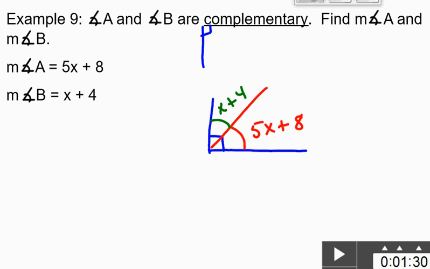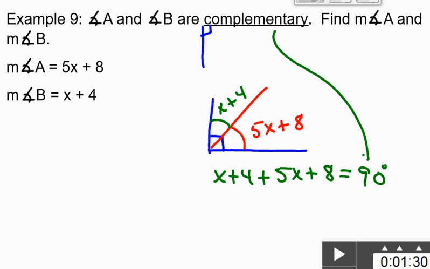So my angle addition postulate, same thing as we were doing yesterday or on Friday. I have 2 little angles that add to 1 big angle, except that my big angle this time is equal to 90 degrees. So my equation is going to say x plus 4 plus 5x plus 8 has to equal 90 degrees.